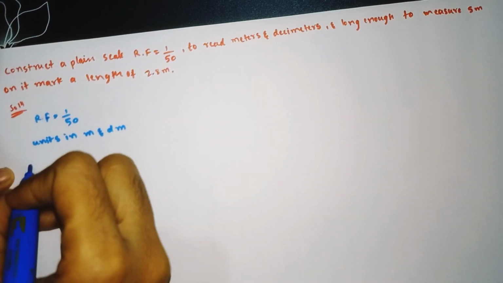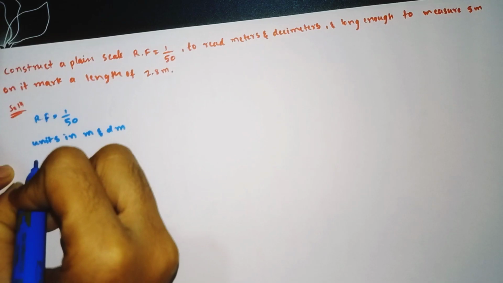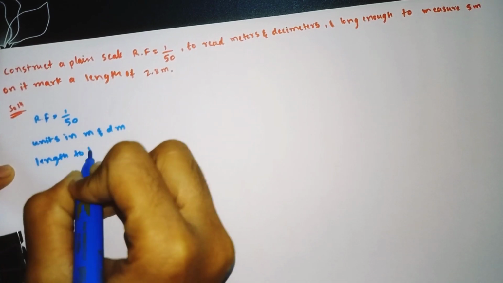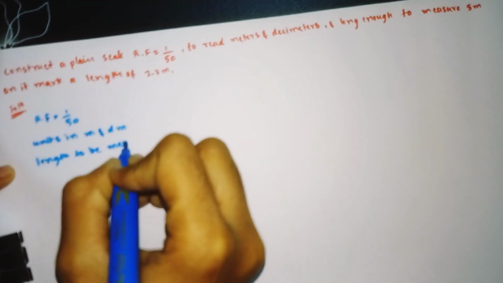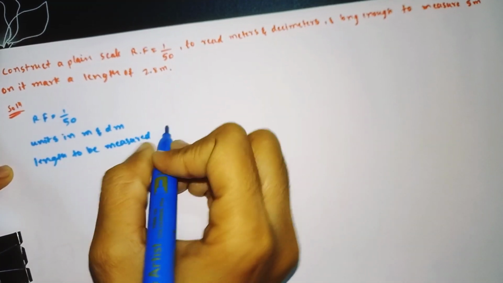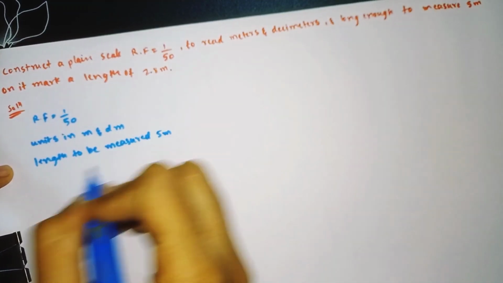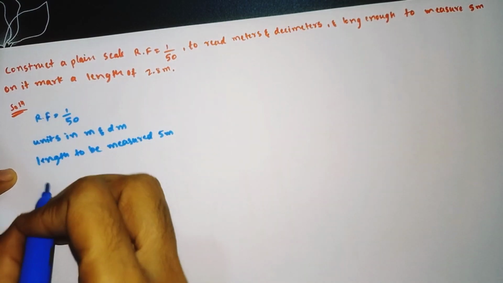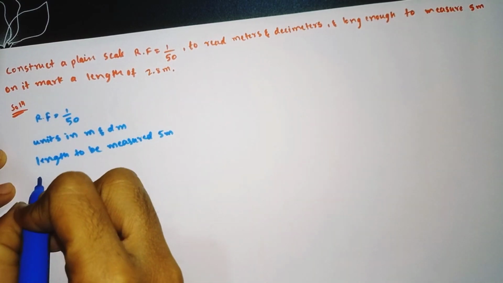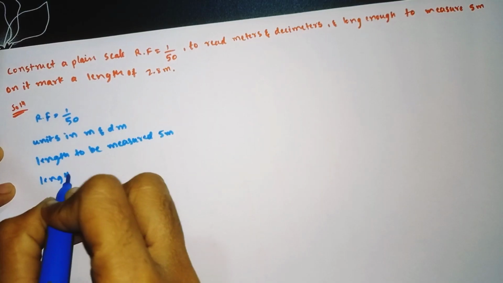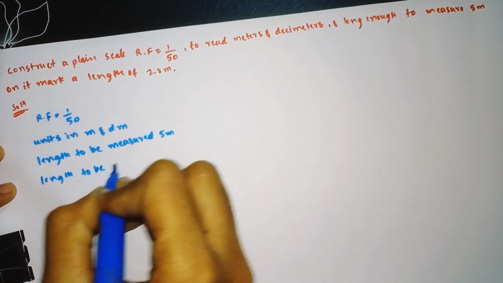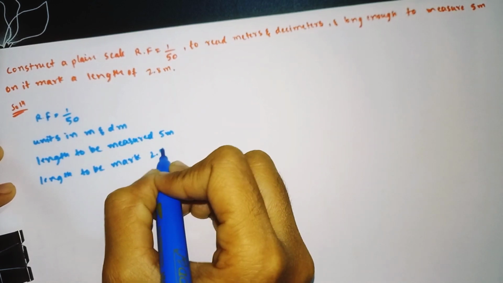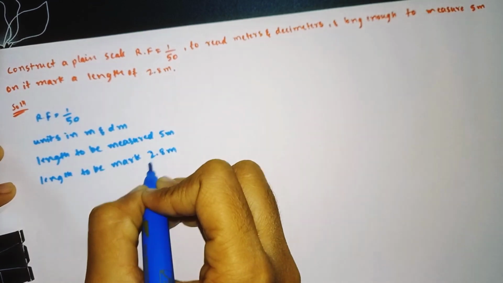Up to 5 meter we have to measure. Length to be measured is 5 meter, and on that we have to mark the 2.8 meter. So length to be marked is 2.8 meter.